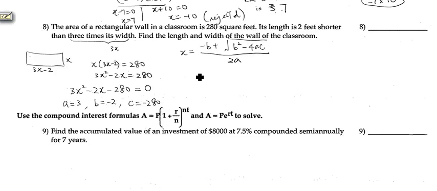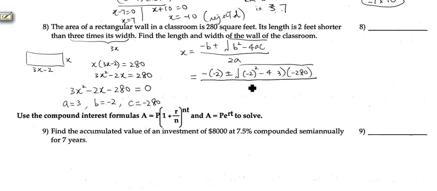So let's do the substitution. Negative 2 plus or minus radical negative 2 squared minus 4 times 3 times negative 280, and the whole thing over 2 times 3.